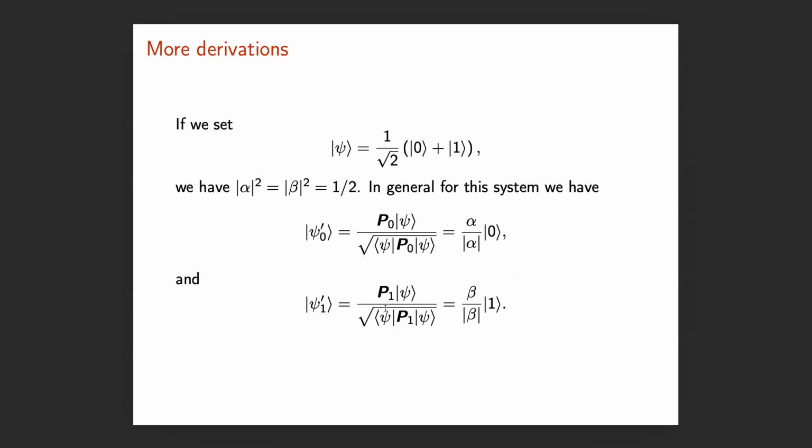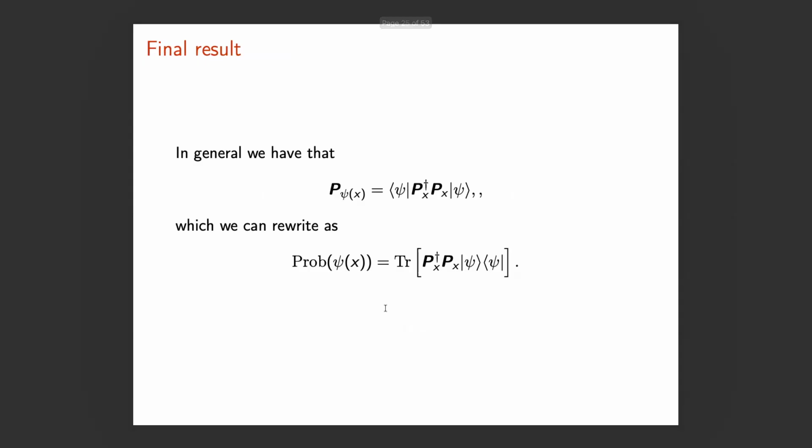Now, if you want to formalize this a little bit, and this is what we're going to do now, because we are going to try to catch two birds with a stone. So we are going to use this expression for the measurement, and then we are going to introduce a density matrix. Now, what we did here, if you now think of the probability of a specific component X. So this is general.